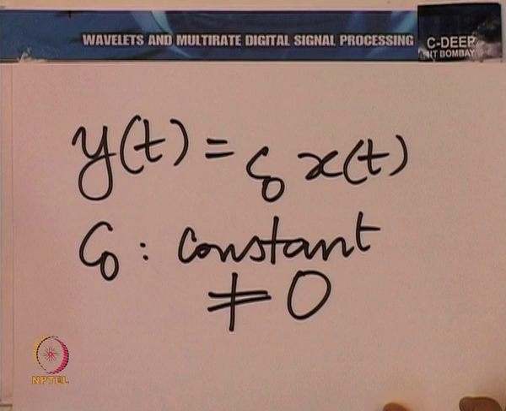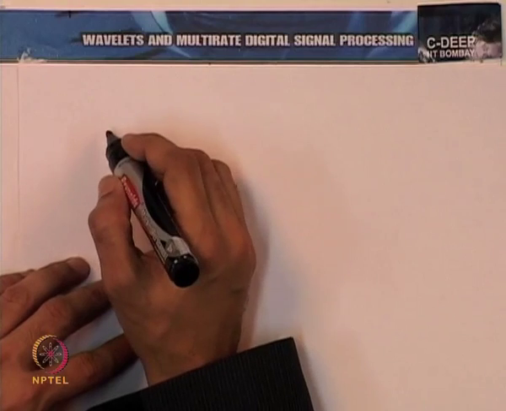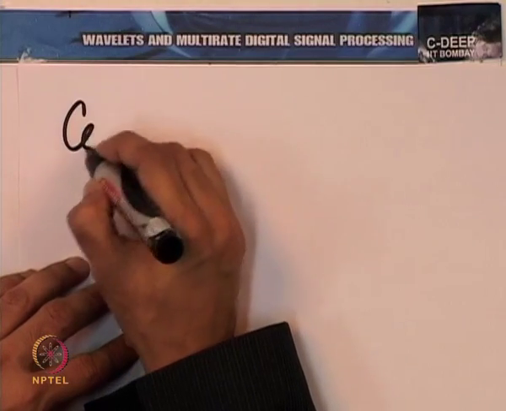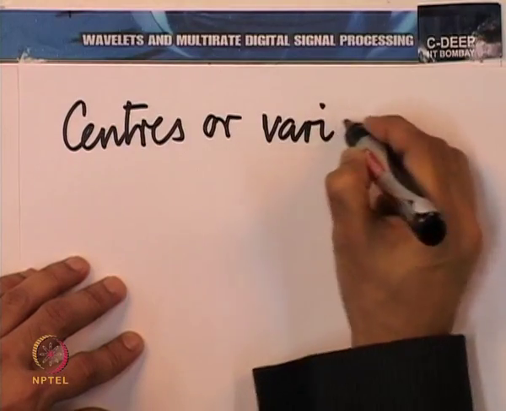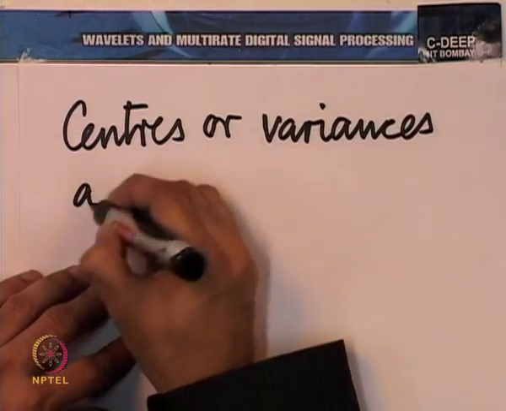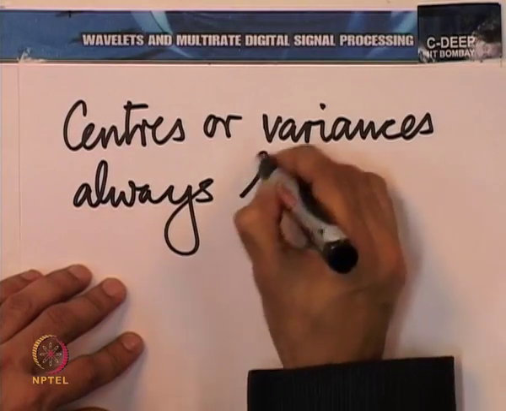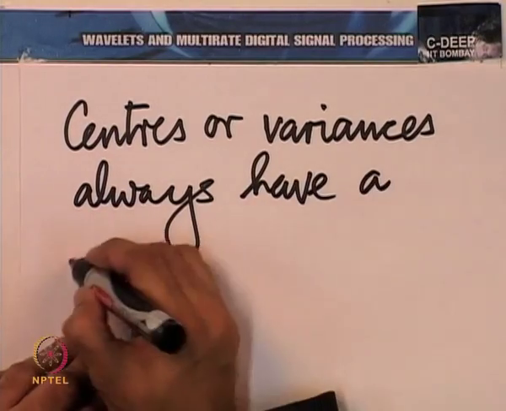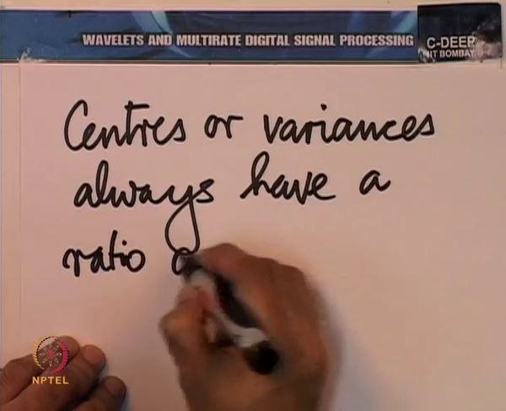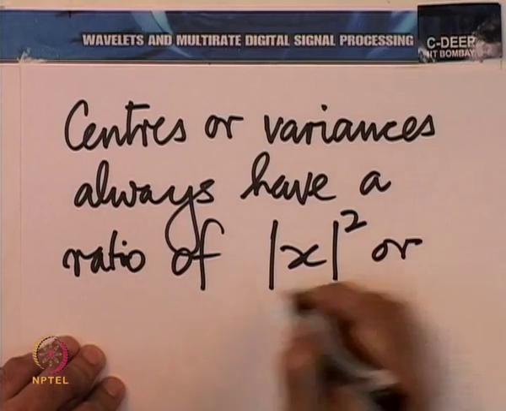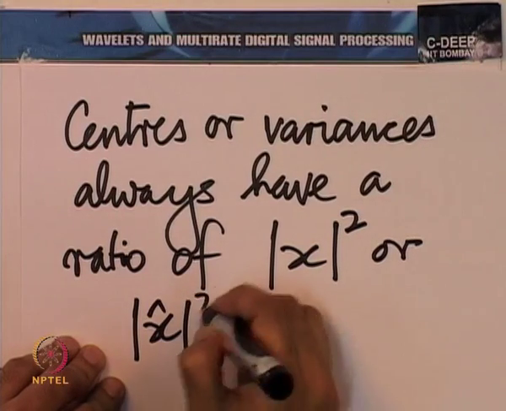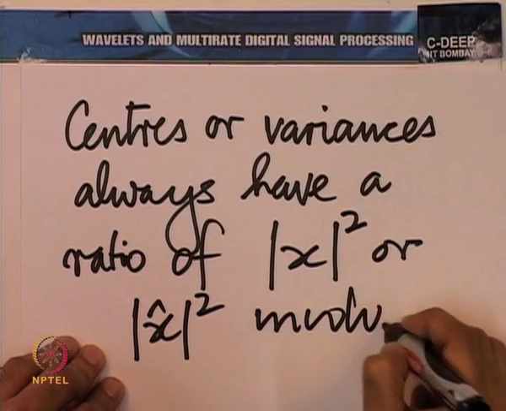In the process of defining the centers or variances, we always have a ratio of mod x squared or mod x cap squared involved.